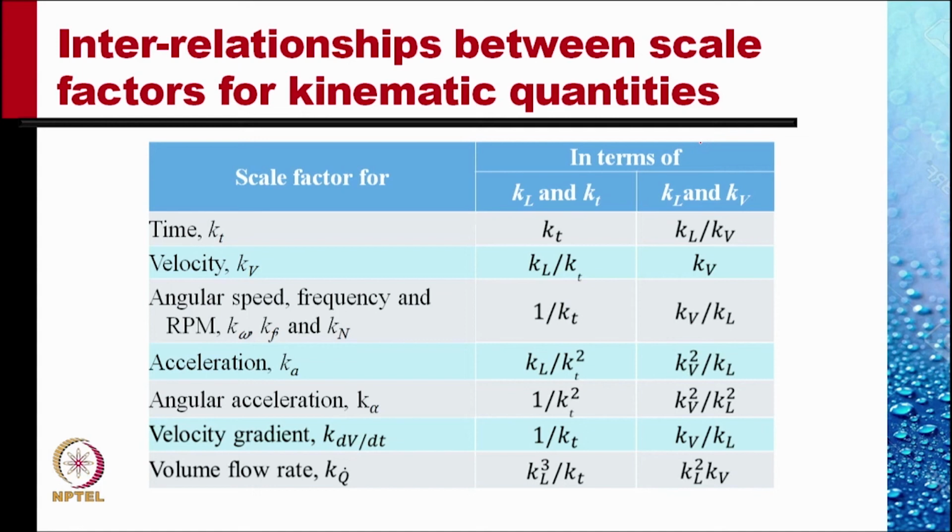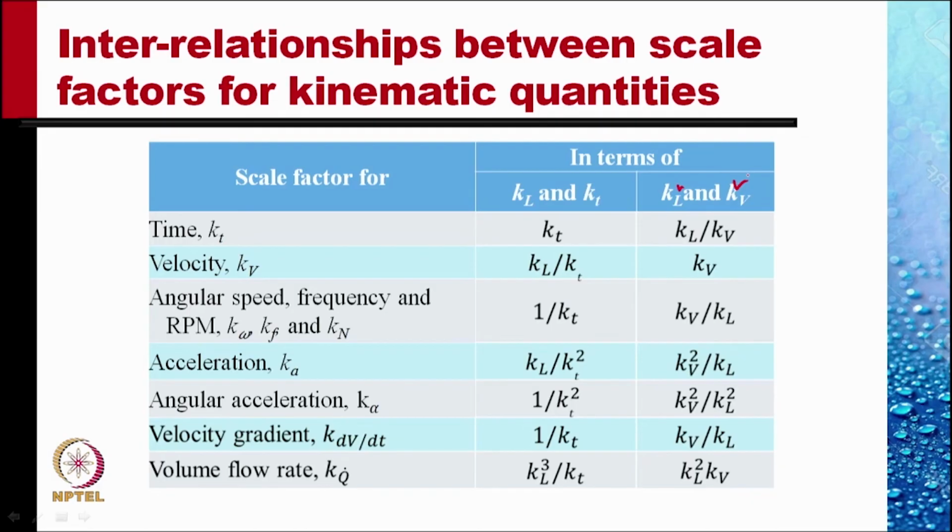Usually in fluid mechanics, we use length and velocity as the primary independent parameters. So it is convenient to express the scale factors for various quantities in terms of KL and KV.